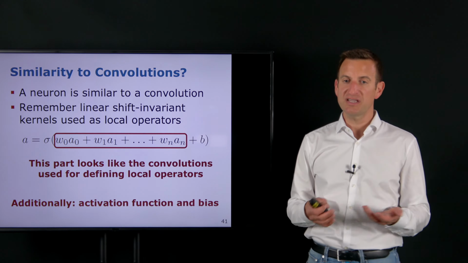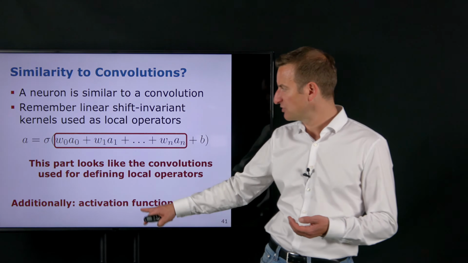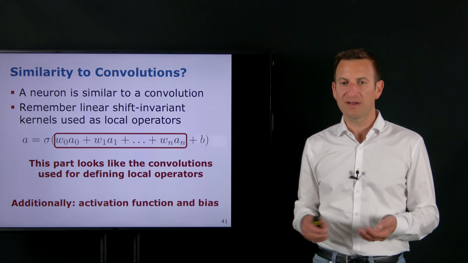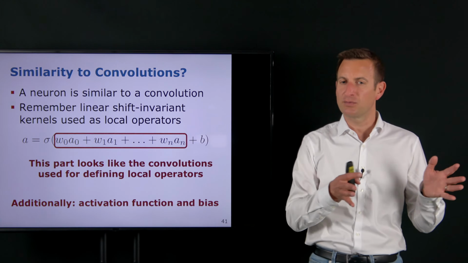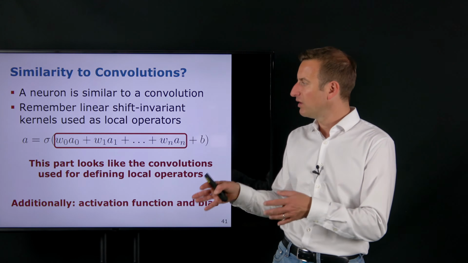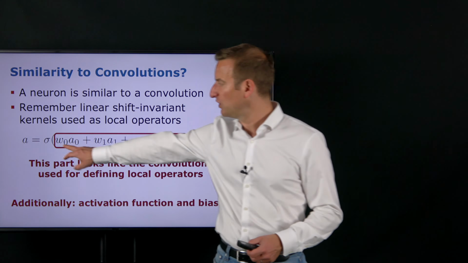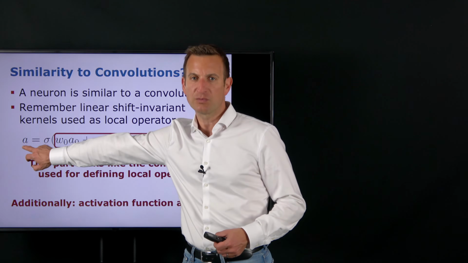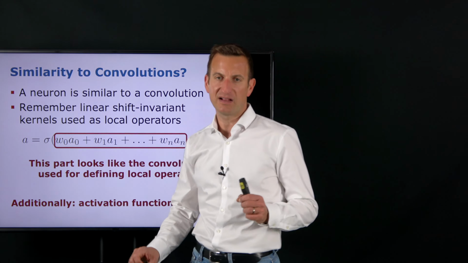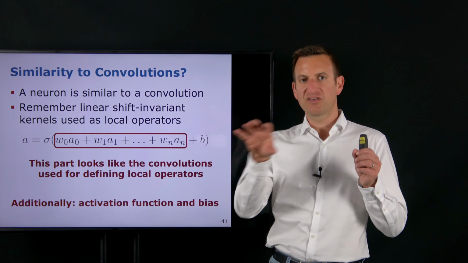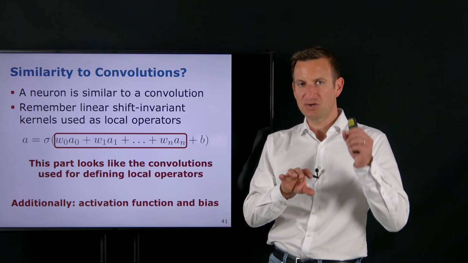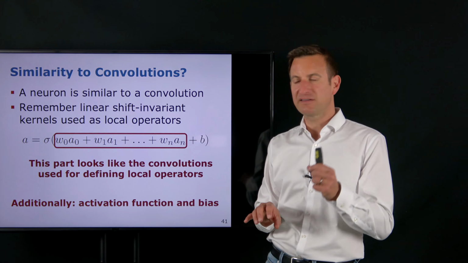The only thing which additionally comes to this is the activation function and the bias, and additionally, in the convolutions, we basically slid that over the whole image. But remember, we are using it here only to compute one single output value, so one single pixel value. So we were doing this sliding of the kernel over the input image to generate the individual pixels of the output image.